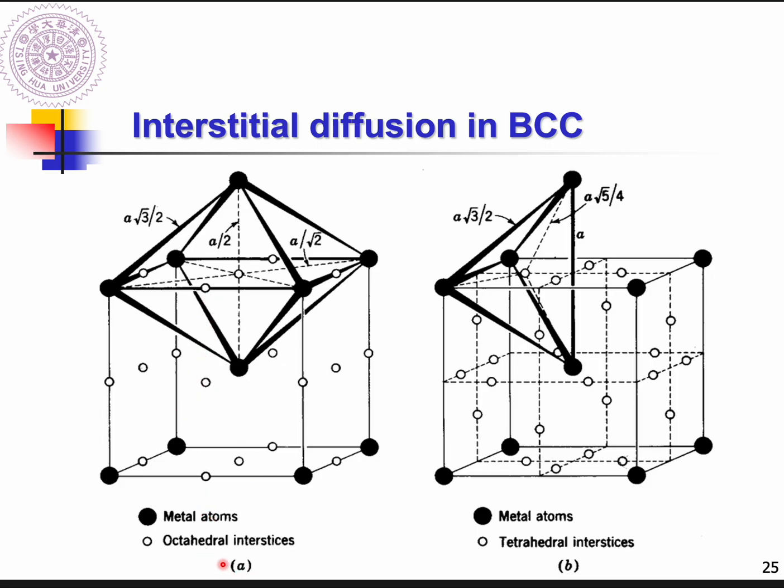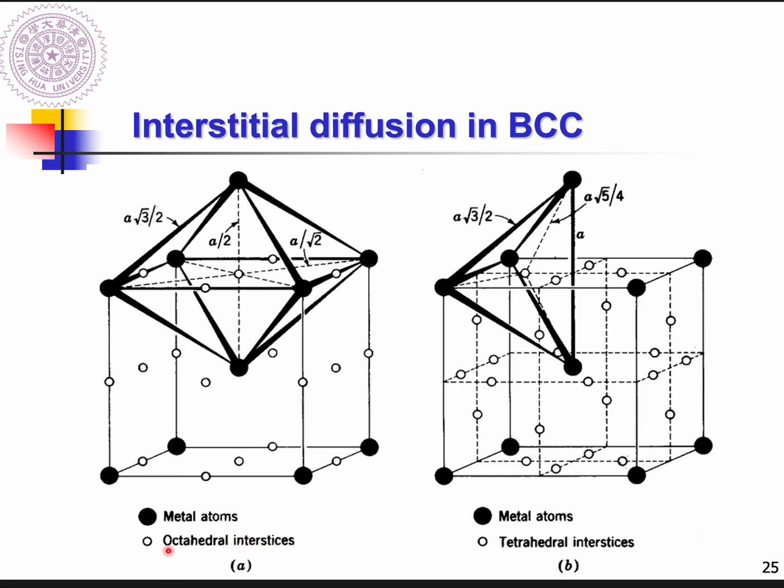The first one, figure A, is the octahedral interstitial site. As you know, this is the BCC structure, right? We have 8 atoms at the corners and 1 atom at the center of this cube. We call it BCC. And we use a smaller white ball to represent the octahedral interstitial site.